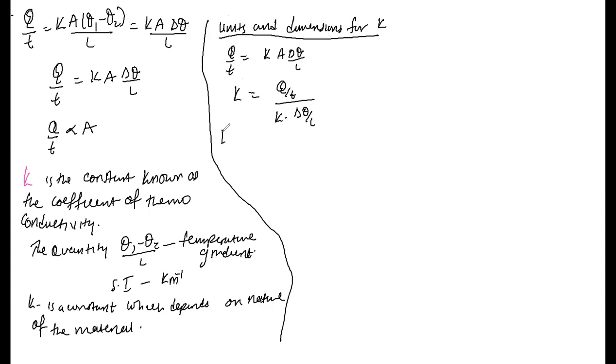If I want to get the dimensions of K, there is no K here, rather, there is A. Therefore, dimensions of K shall be got from dimensions of Q over t out of dimensions of cross-sectional area times dimensions of temperature gradient.